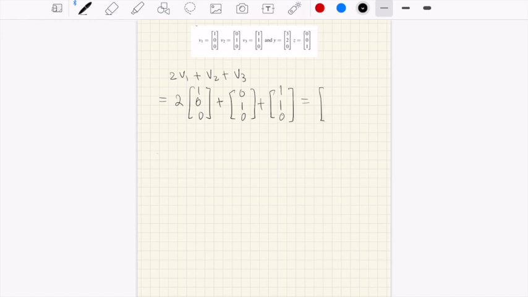That gives exactly (3, 2, 0), which is y. So the answer is yes. y is a linear combination of v1, v2, v3. Now another question is, can we catch z using these moving skills? We're going to leave this question to the end of this lecture.